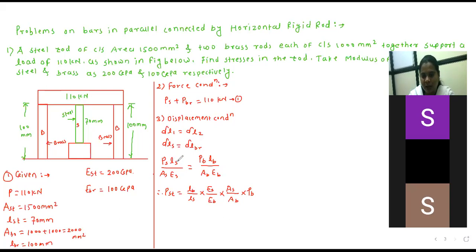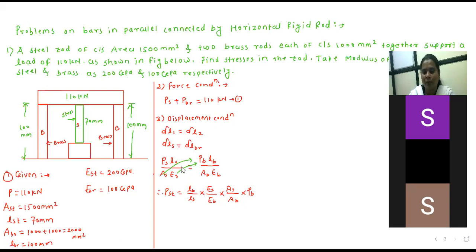So this is in the numerator. When we shift to the right side, this will go towards the denominator. So LB upon LS. After that, this AS is in the denominator, so after converting, this will go to the numerator. So AS divided by AB. Now you observe this ES in the denominator, so this will go to the numerator. So ES divided by EB into force in brass, which is already there.